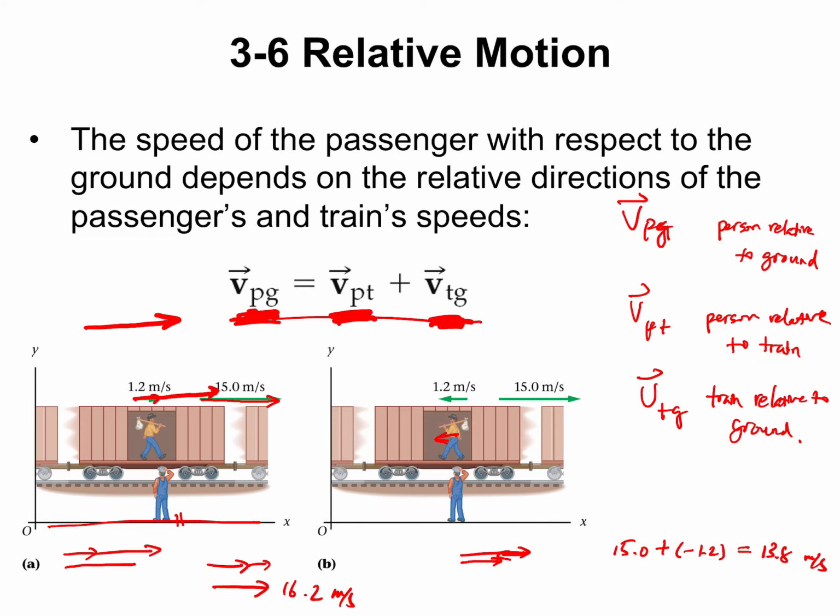So the resultant will be this one, right? This one is the velocity of the person relative to the train, add train to the ground, okay? And then the resultant will be this one, right? The resultant will be starting from the tail of the first and at the tip of the last.